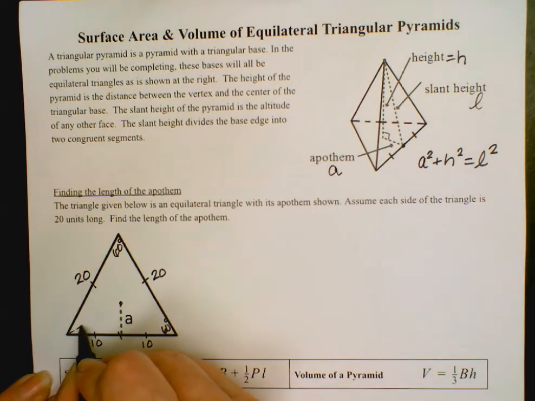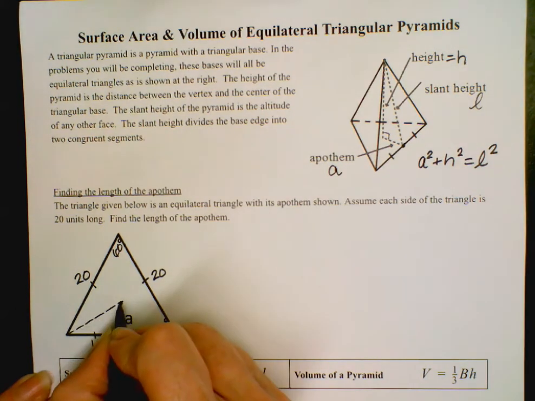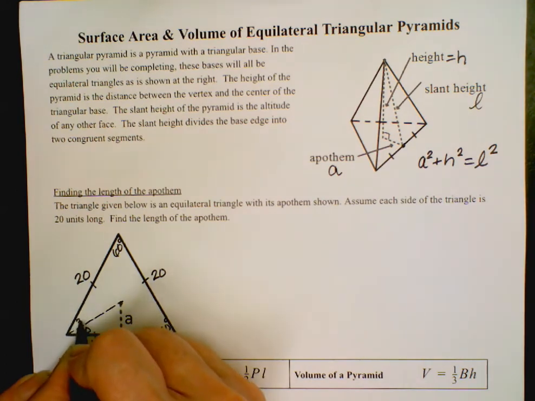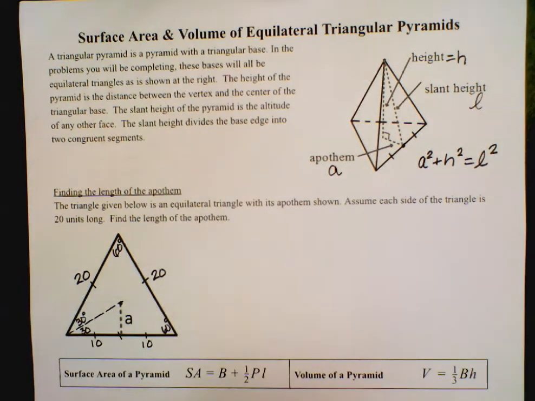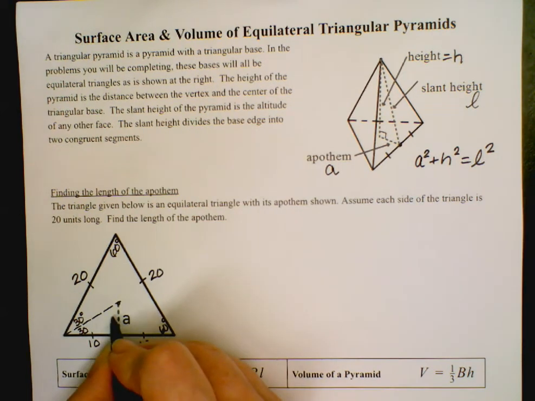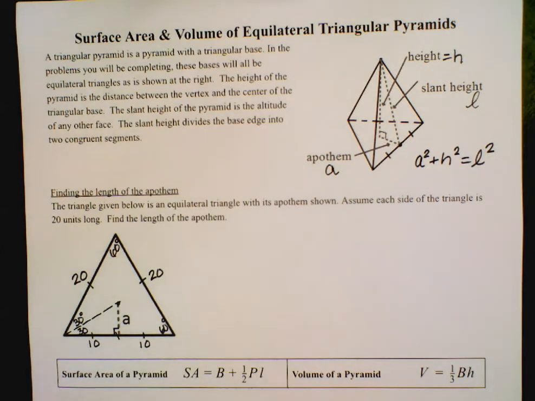Now, if I bisect that angle, this angle bisector is going to pass through the center of that polygon, which means it's going to intersect that point where a's end point is located. And it's going to cut this angle into two 30-degree angles. We know also that the apothem is perpendicular to the side, which means this triangle formed by this 30-degree angle, a, and that side length 10, is now a 30, 60, 90 triangle.